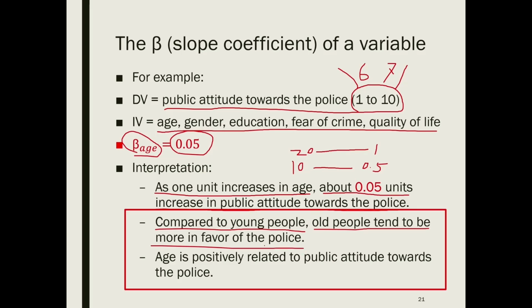Or you can say age is positively related to public attitude toward the police officer, or age is significantly positively related to the public attitude toward police officers. When people are getting old, they are more likely to be in favor of the police officers. That is the most common thing you will see in practice.